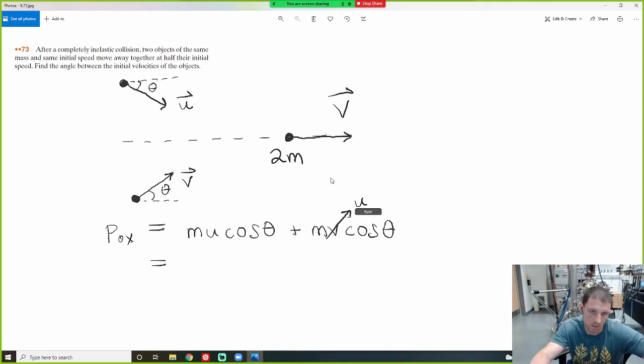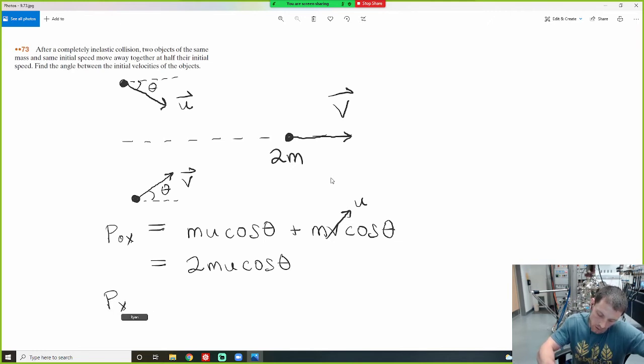And this is just so you can look at our final result and see the difference between the v's. So this becomes 2mu cosine of theta. And the final momentum of the system in the x direction is just 2m big V.